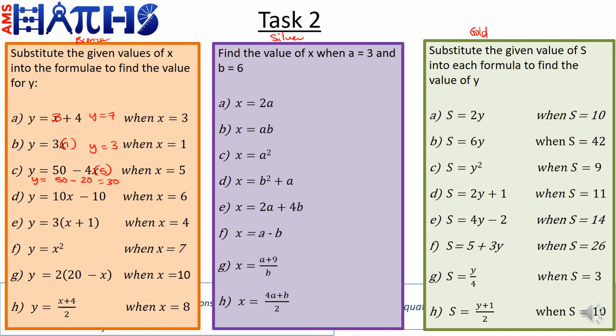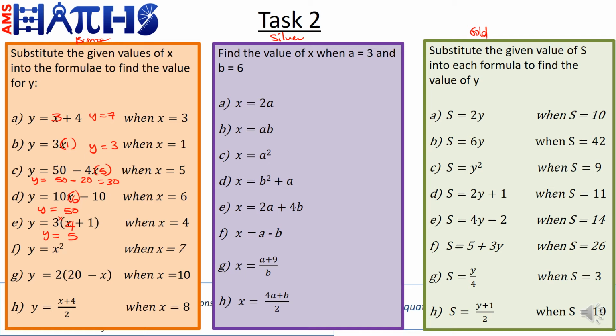For D, we're replacing our x with 6, so we'd end up with 10 times 6 is 60, and 60 minus 10 is 50, so y is equal to 50. For the next one, we're replacing x with 4, so in brackets we have 4 plus 1, which is 5, and we multiply that by 3, so y is equal to 15.